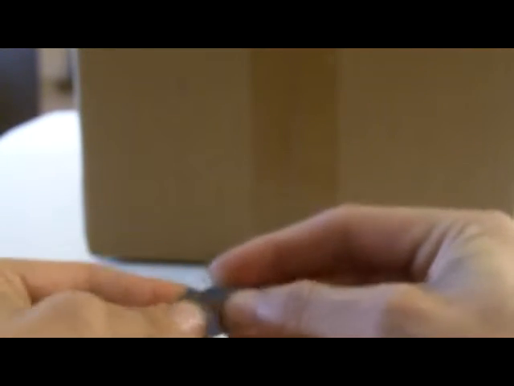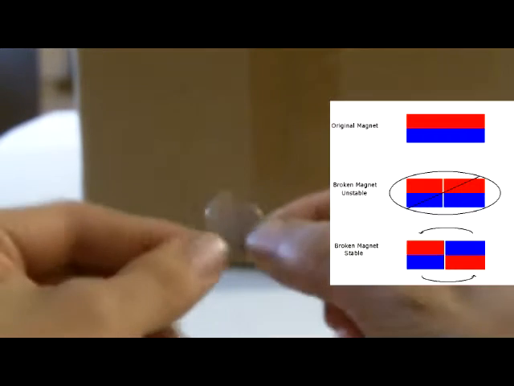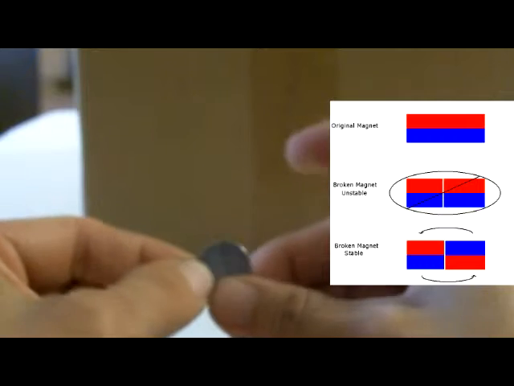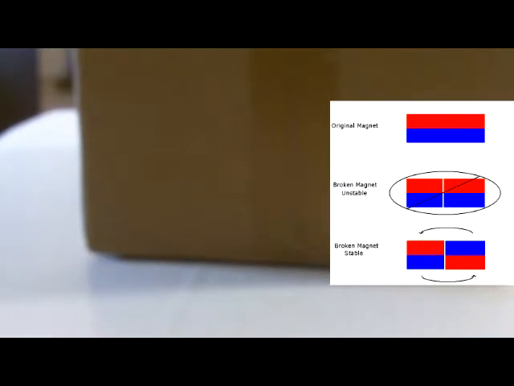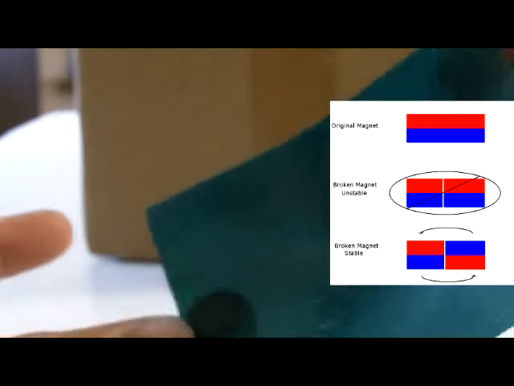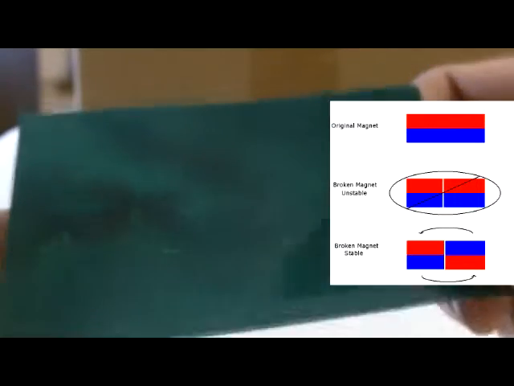Now I want to demonstrate magnets as a pressurized quantum vessel. When a thin, flat magnet is broken in half parallel to its axis, it immediately is unstable. When you view it with the magnet screen, you can see a cross.